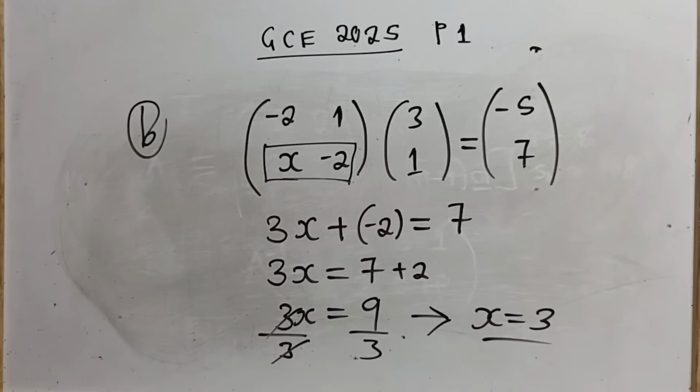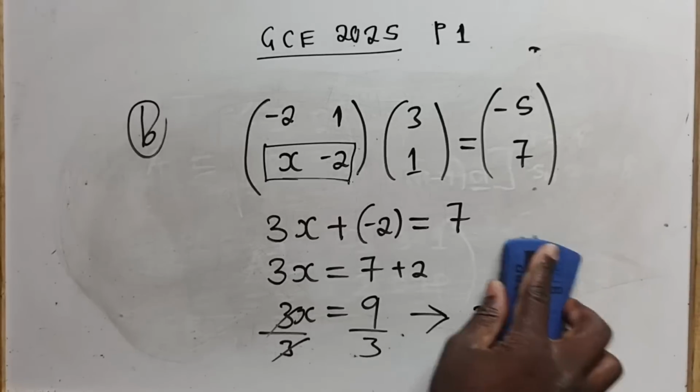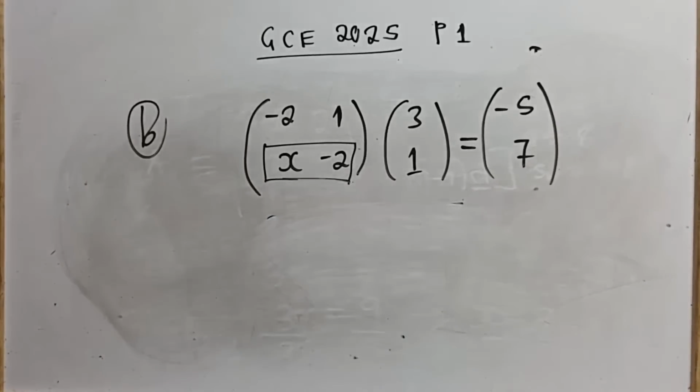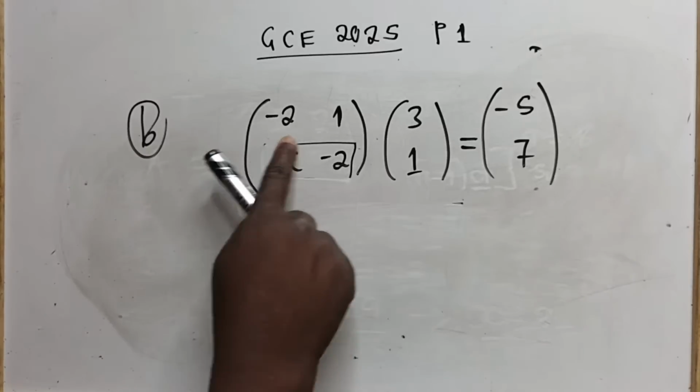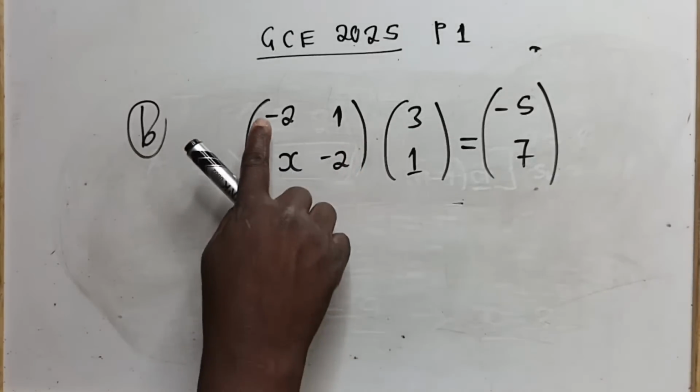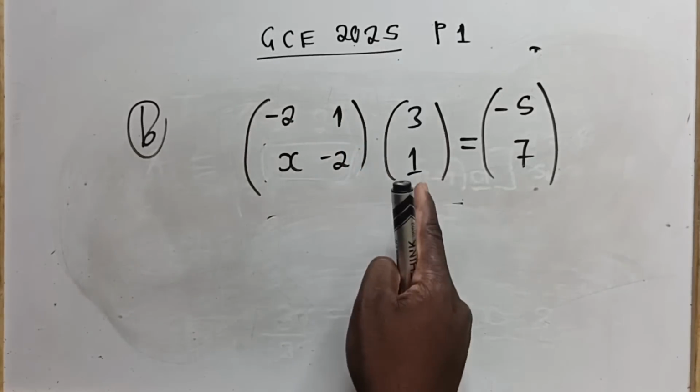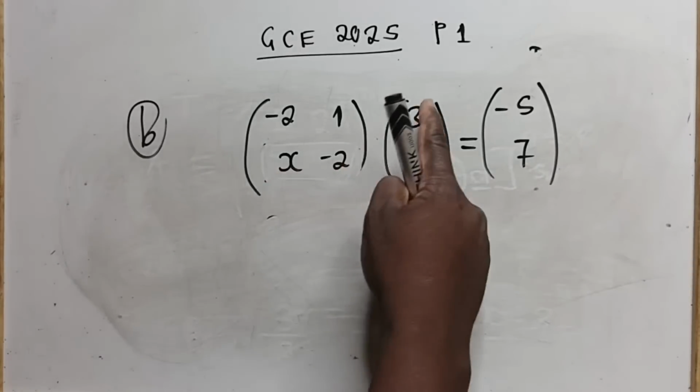Come again. What do you mean? Okay, let me just explain on this one. So the way it is here, I can see most of you are asking about this question. So the way it is, when multiplying, okay, remember multiplication, we multiply row by column. Row by column.